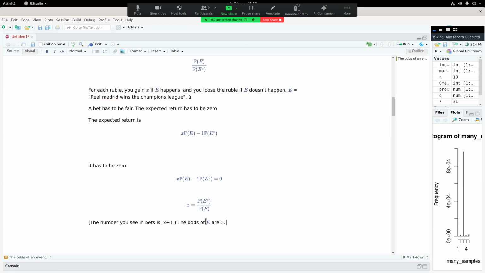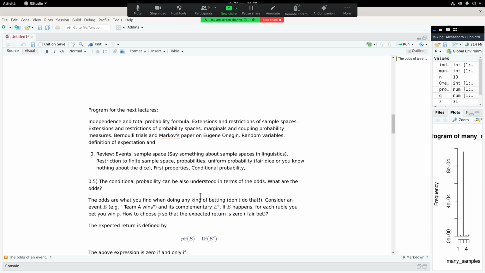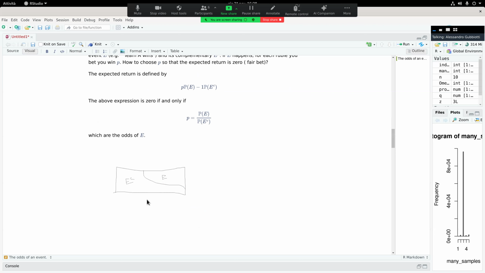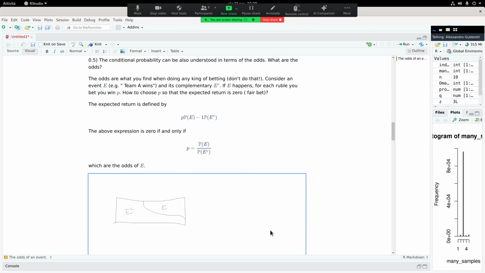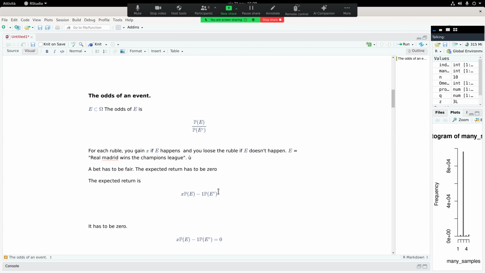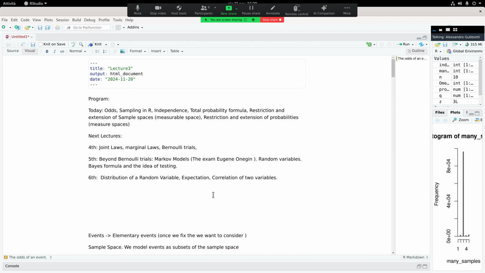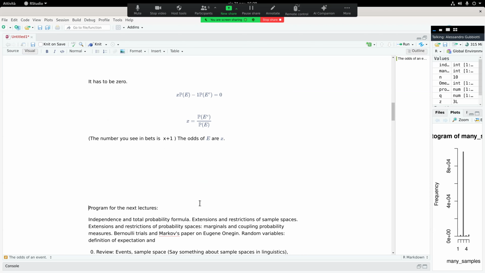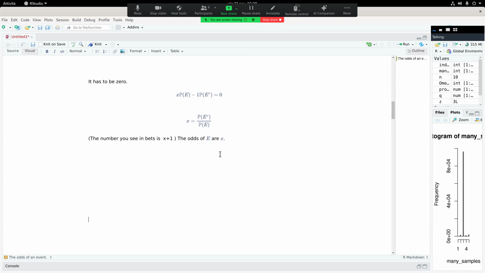So why am I telling you this? Well, they have a really easy interpretation, which is this one. It is the fraction of the area.